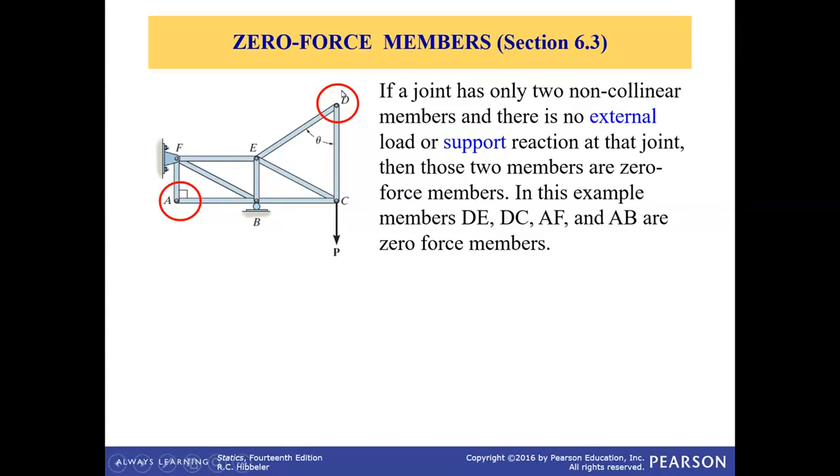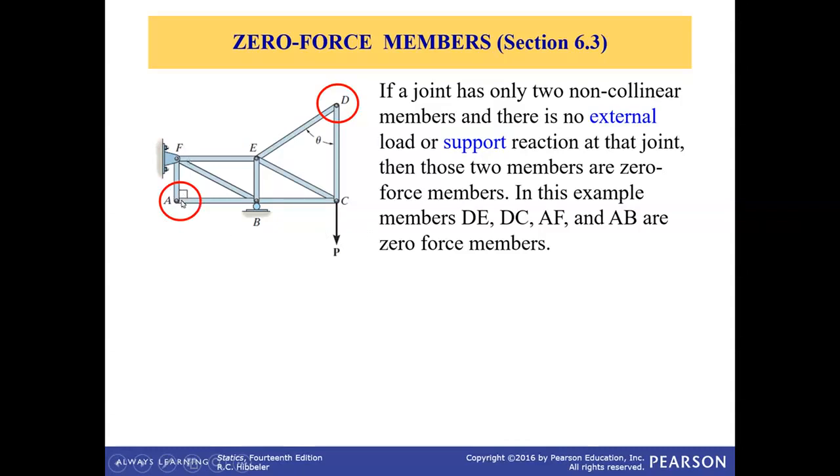So condition number one. There are multiple members here that we can see. Now, at joints A and D, there are only two members connected. AF and AB are connected at A, and DE and DC are connected at joint D. So rule number one to identify zero force members is when there are only two members connected at a joint, and that joint does not contain any externally applied load like this, or any support reaction, then both of these members are called zero force members.